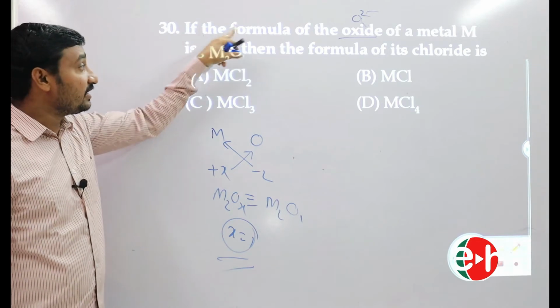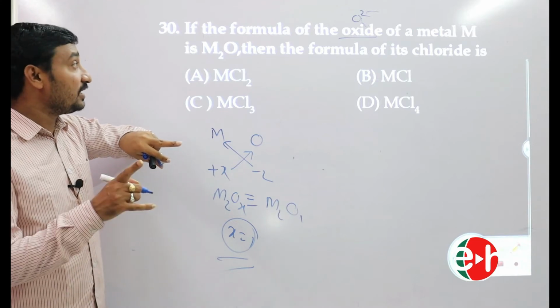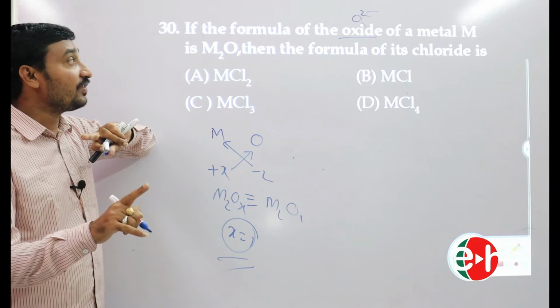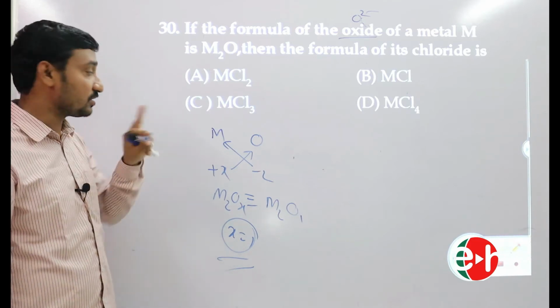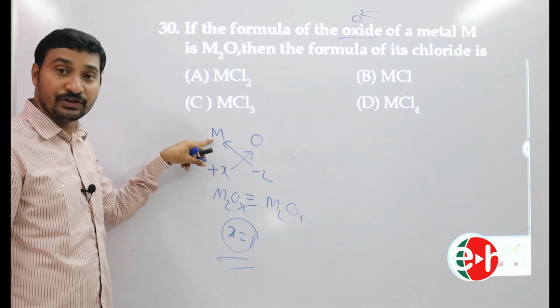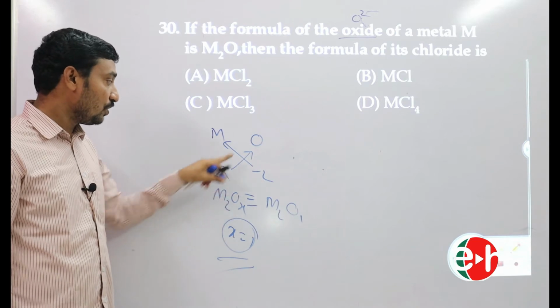When an unknown element is given but its compound is given, we have to find the charge first. For the metal oxide, O2 minus, the charge on the metal we don't know, say X. Then by the crisscross method, M2OX.